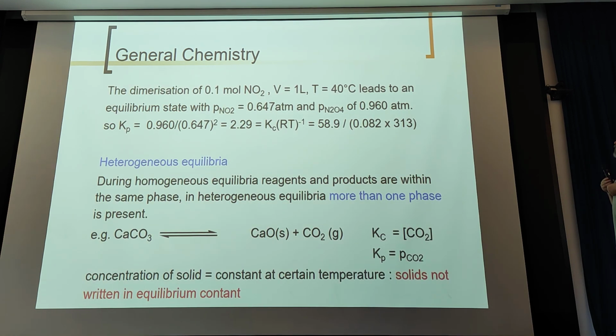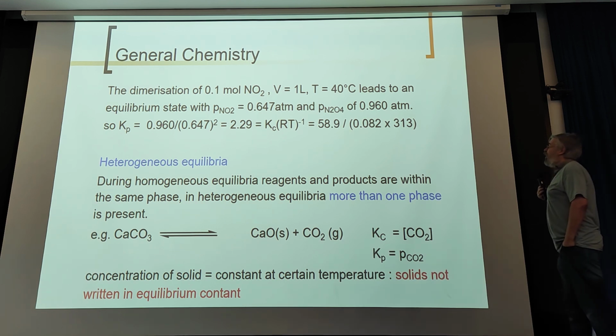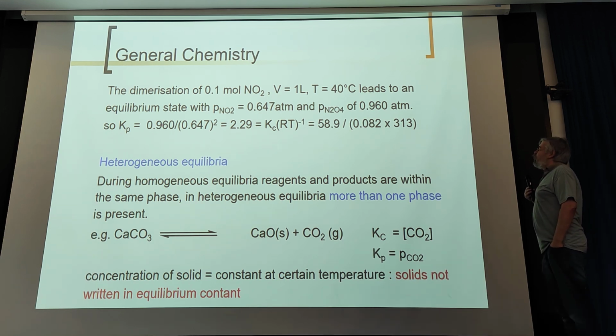So that actually means that for the dimerization of NO2, this example that we have, and this would be 1 liter volume at 40 degrees Celsius, we have an equilibrium state with a partial pressure of NO2 of 0.647 atmosphere and N2O4 of 960 atmosphere. So then we can put this in our Kp expression, and so that's 2.29.